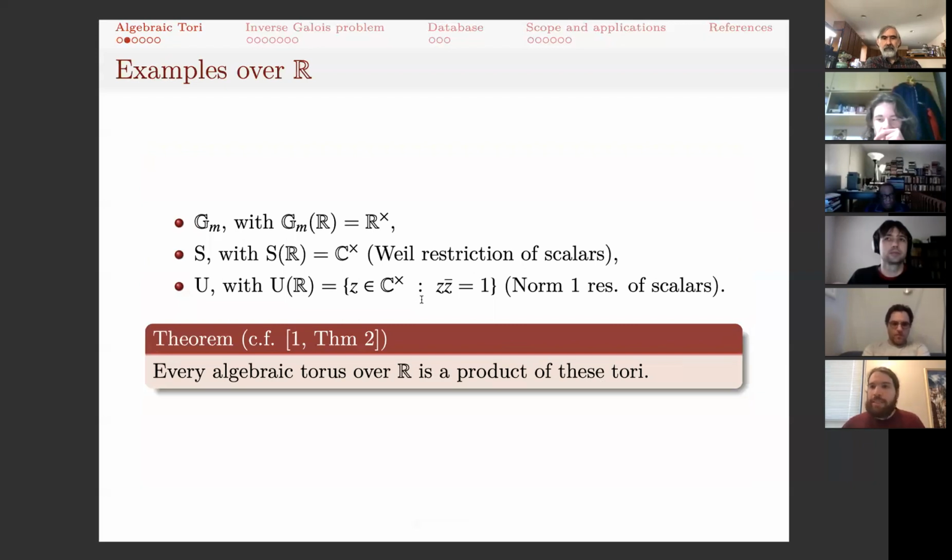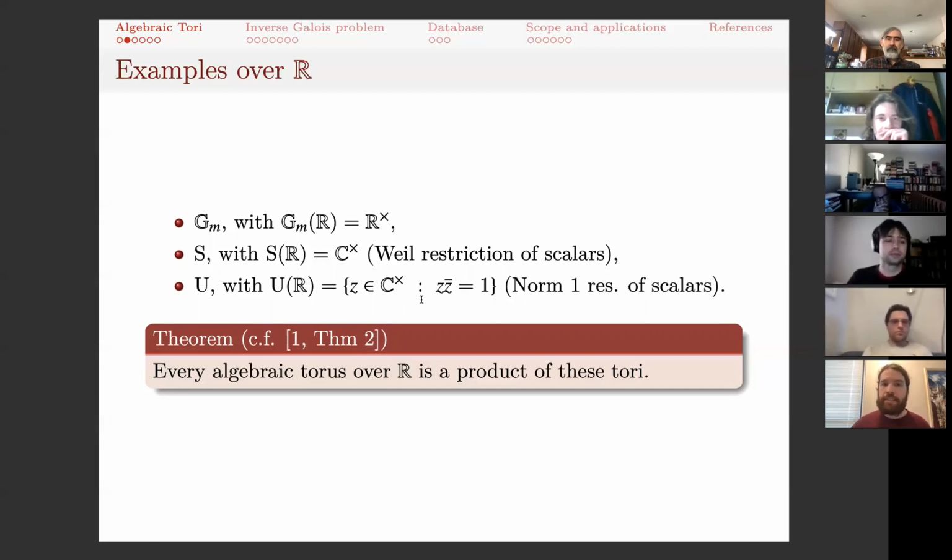So let me say what happens over R, because over R, the story is very simple, and so these examples will be nice to think about. There are only 3 tori that you need to think about over R. The first is the split torus, the one-dimensional torus with R points equal to R cross.